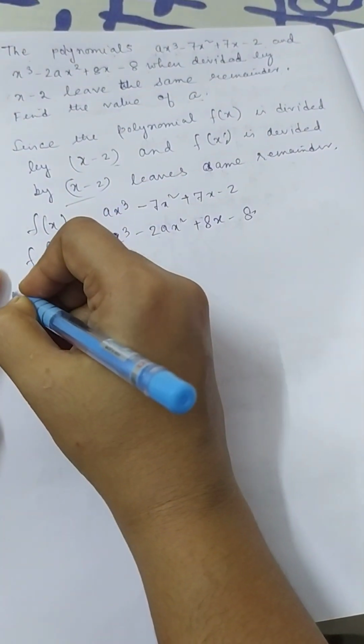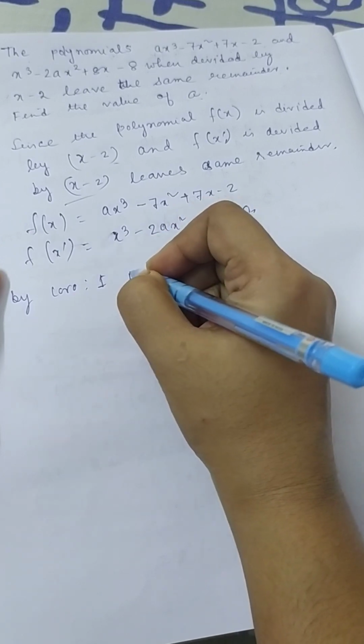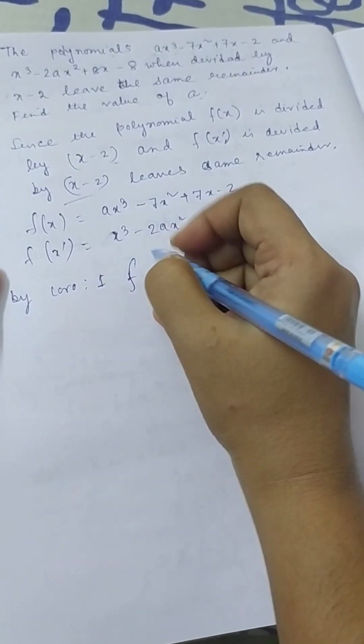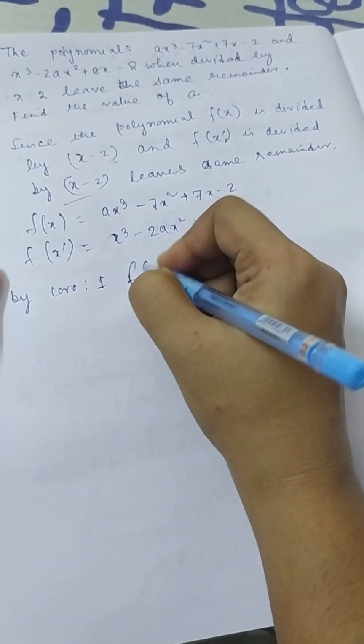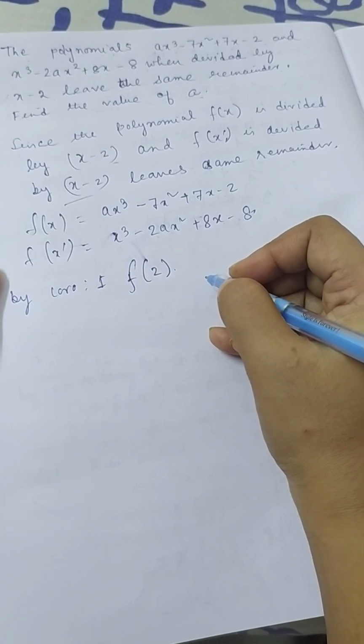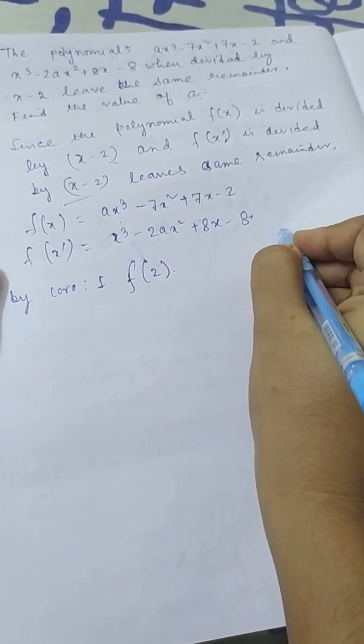So, by following corollary 1, I can write that x is equal to 2, because x minus 2 is given, right? And I will put the value of x in these two polynomials.